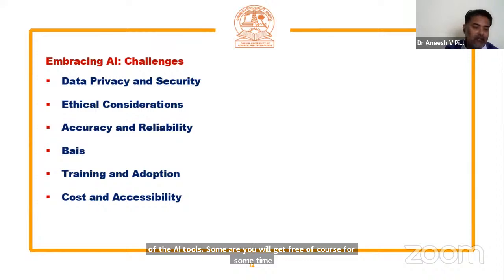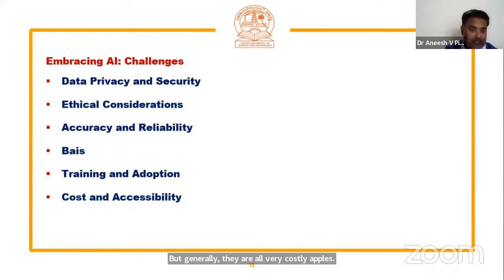Even with this cost, there are some people using it. But this cost and accessibility issue may create a digital divide in our country. So these are the various challenges posed by AI when we use AI technology in our legal field.